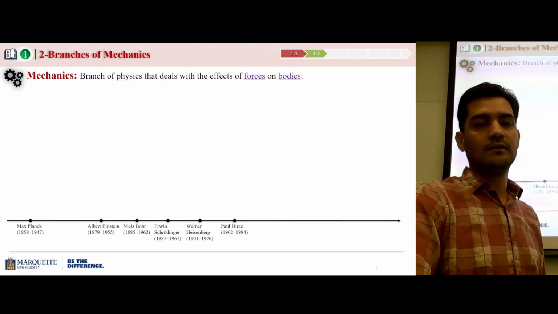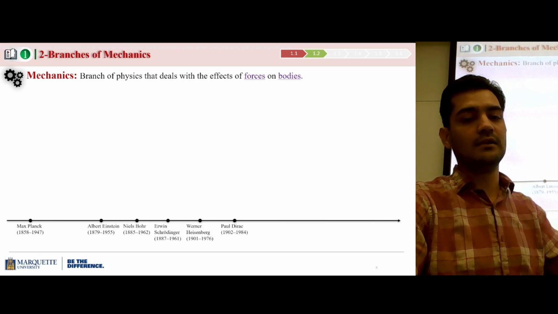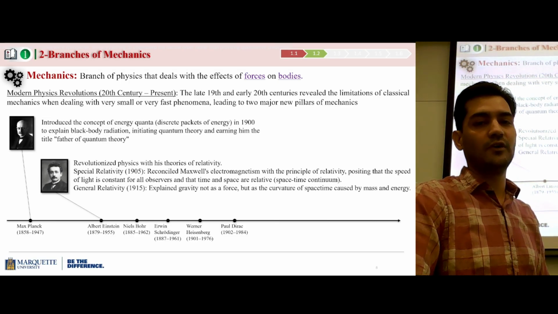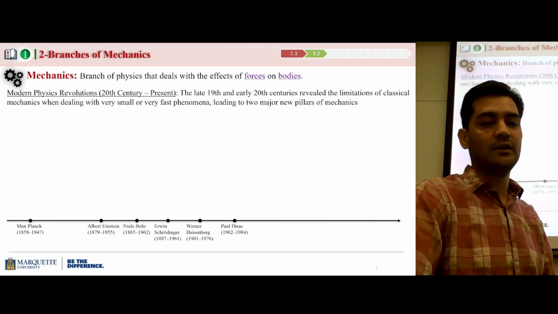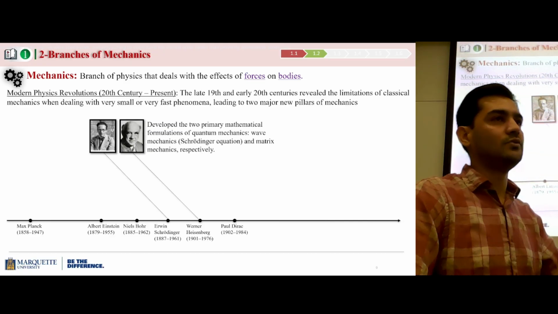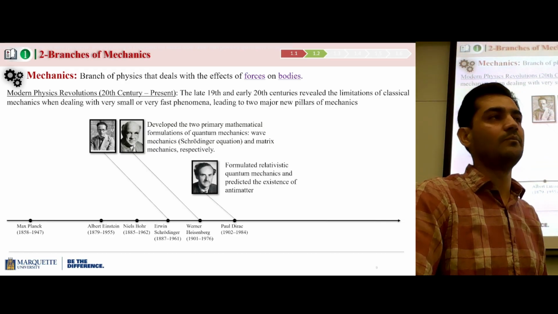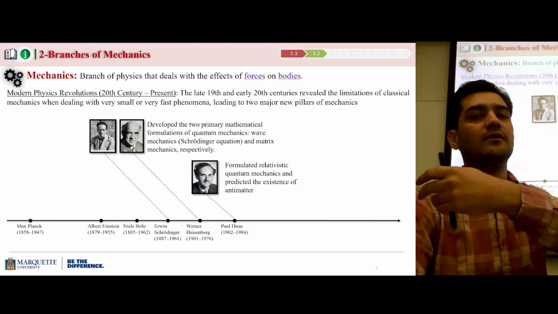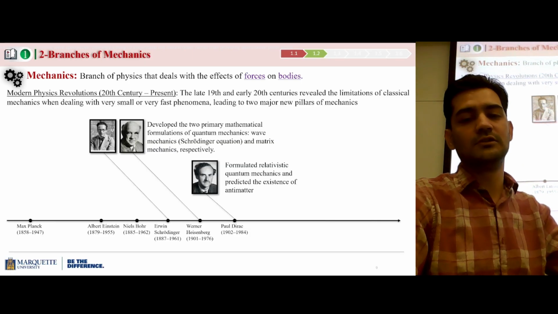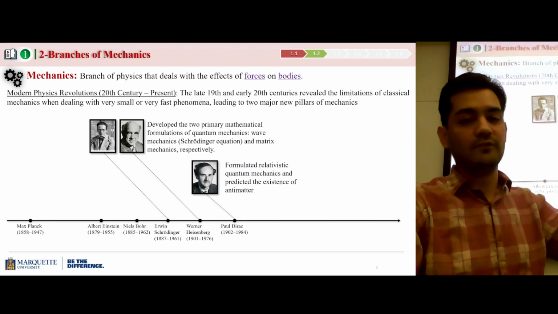It is also important that the field is still growing, so you have newer branches emerging. For example, in the 20th century you have quantum mechanics, relativity, and chaos theory. And people are also trying to combine all these theories into a unified theory, which will explain all laws, no matter whether the body is very small, very big, or normal.